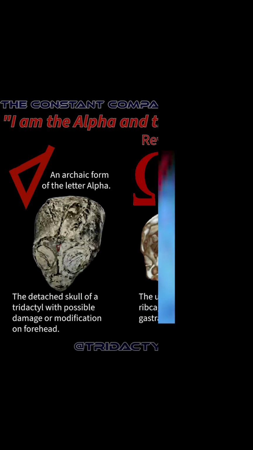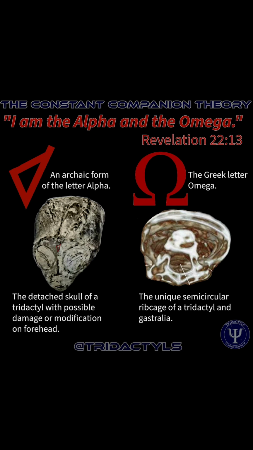If that wasn't odd enough, the unique semicircular rib cage of the tridactyls resembles the Greek omega. Is the phrase, "I am the Alpha and the Omega," a result of some incident related to this body?